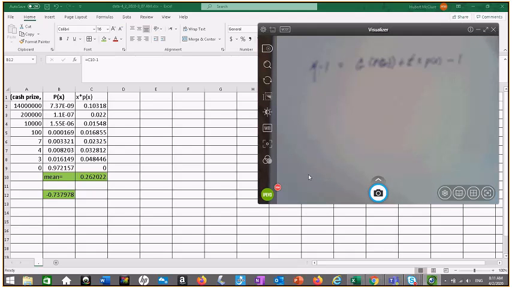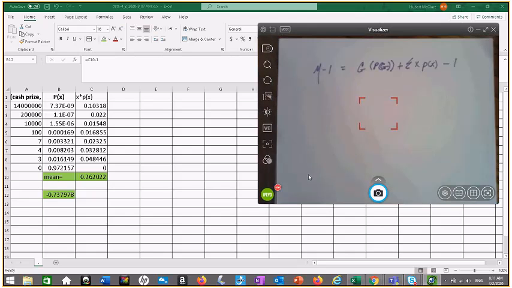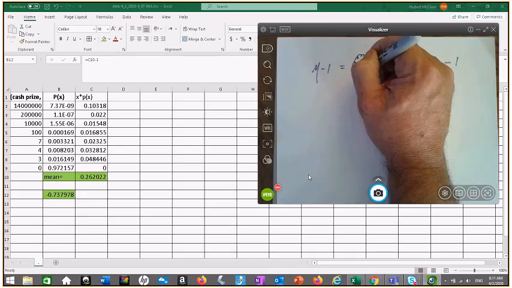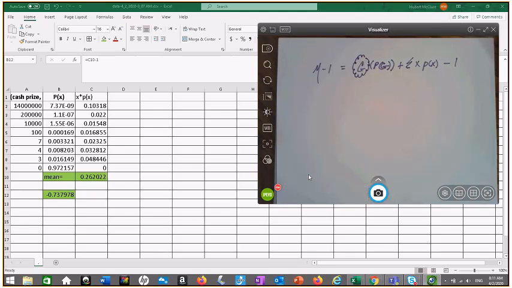Okay? Now, you may think that that's complicated, but it's really not. All right? What we're trying to find is G. Okay? That's what we're trying to find.